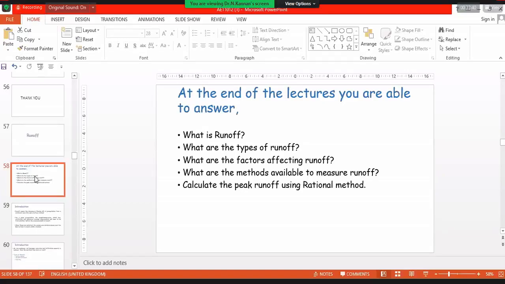Then we will study a particular method called the rational method to calculate peak runoff. So we will discuss that. These are basic points related to this concept, right?